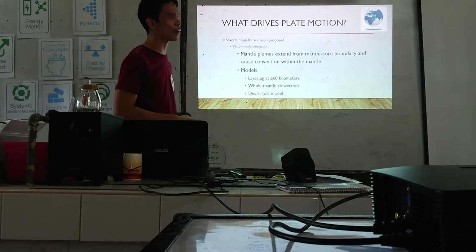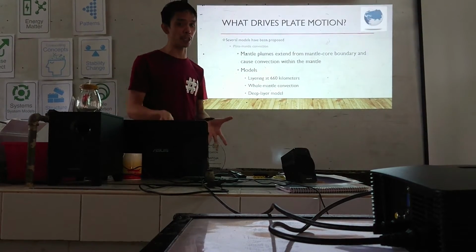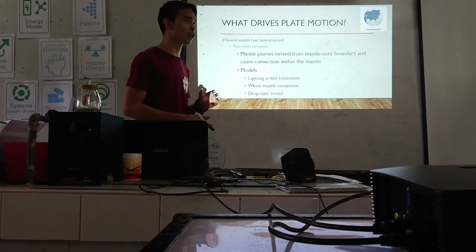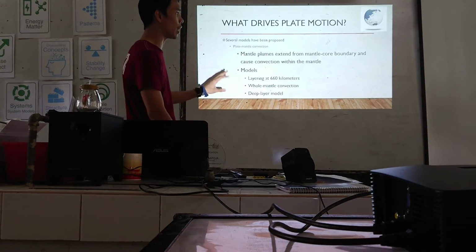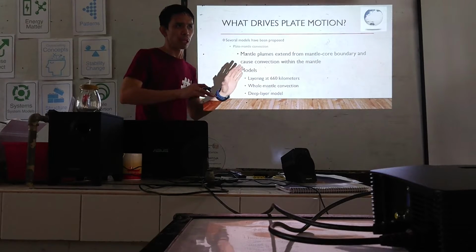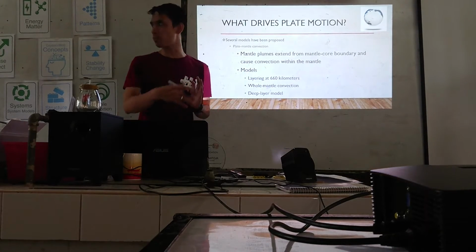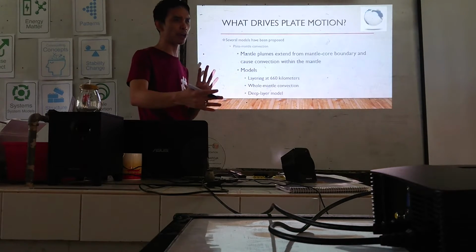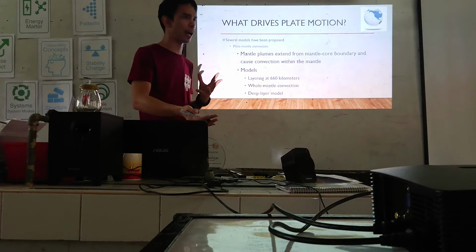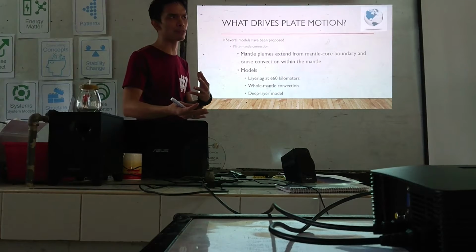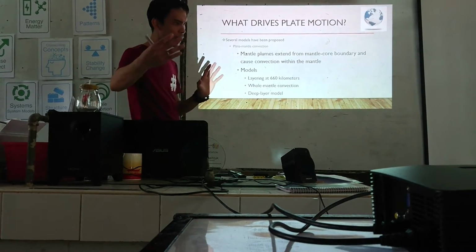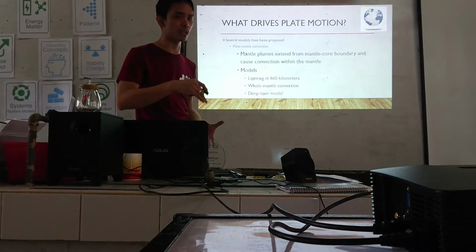So what do you mean by convection? Convection is a transfer of heat in a fluid. Convection also depends on the density of your fluid. If the fluid is heated, it expands more and becomes less dense. Then when the fluid becomes cooler, it compresses itself and it becomes denser.